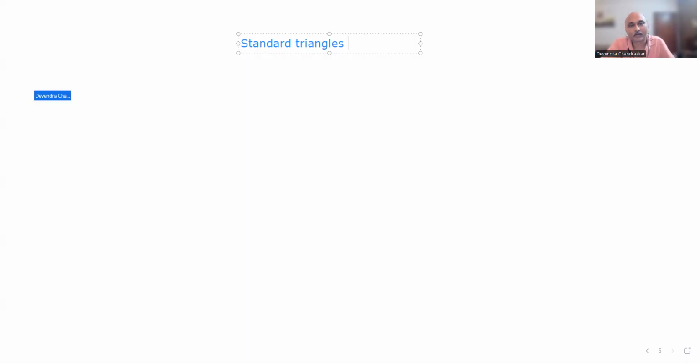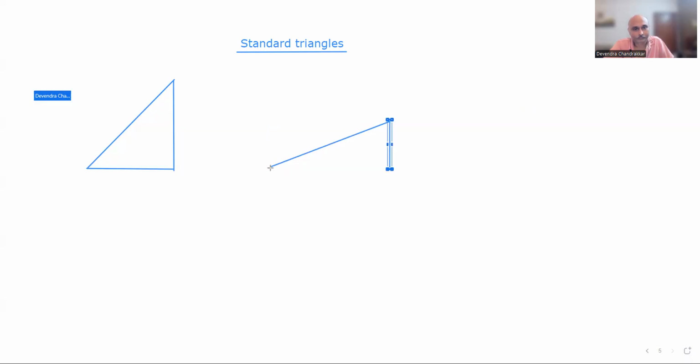These are some of the standard triangles which we are discussing. All of you, please pay attention. This is the first one. You have to memorize the values of its sides, right? This is the second one. So let's deal with these two first.